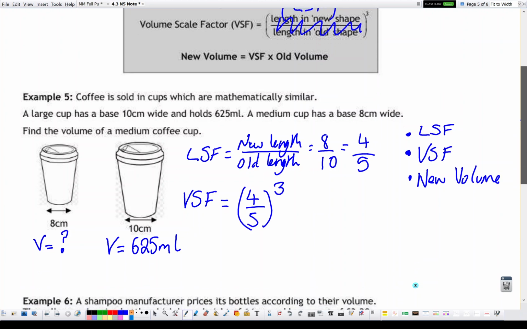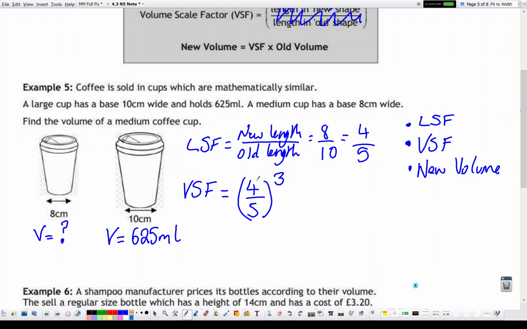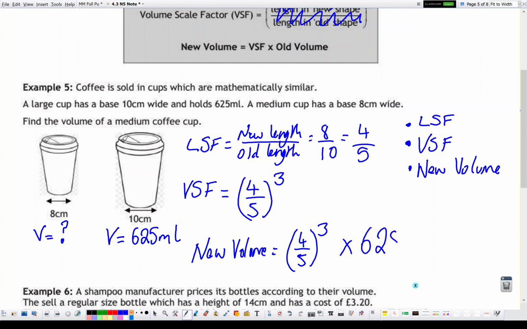As long as we are comfortable putting that fraction cubed into our calculators, we don't have to work it out. Okay, so it's probably going to be easier for the area and also the volume to just say that the new volume is going to be 4/5 cubed multiplied by the old volume, so times by 625.